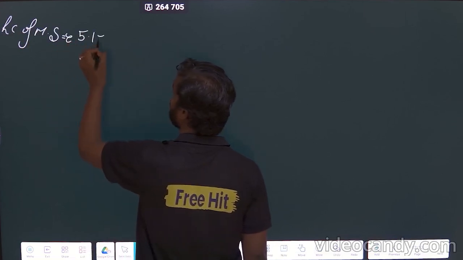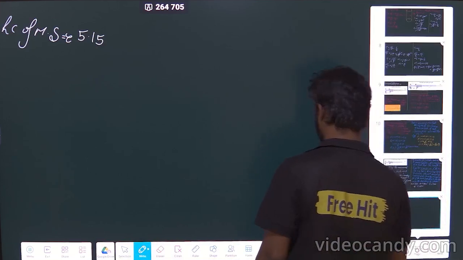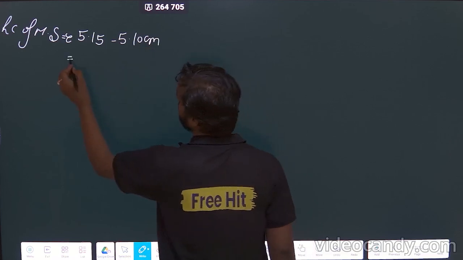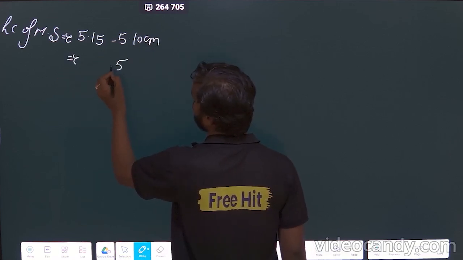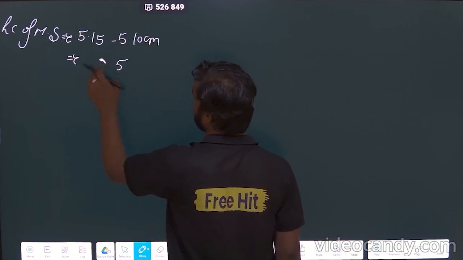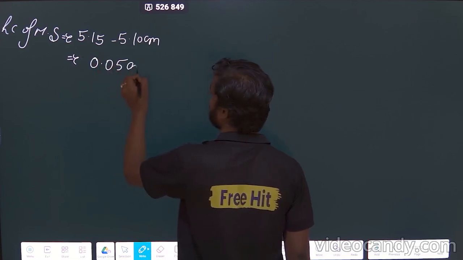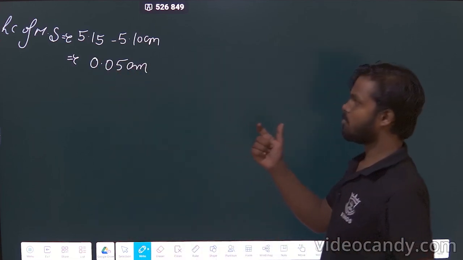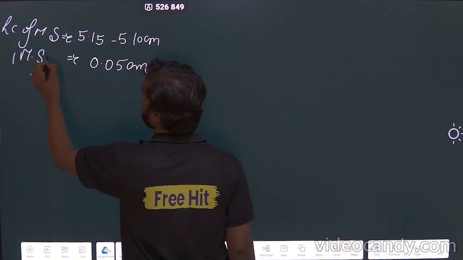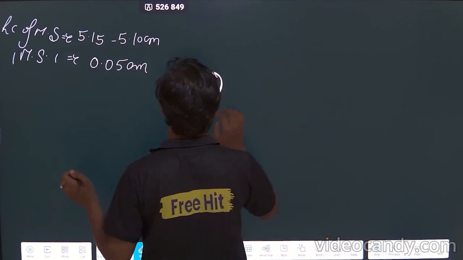See, 5.15 minus 5.10 centimeter. How much will this be? You will get 0.05 centimeter. So that is the least count of the main scale, or you can say it is my one main scale division. Okay, nice, we got the one thing.